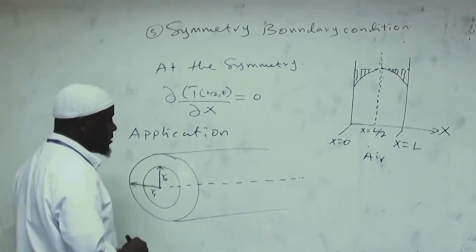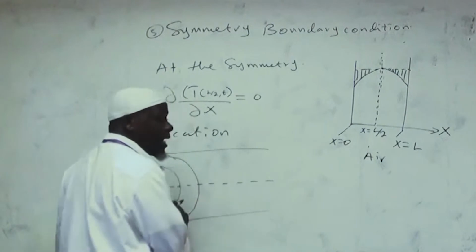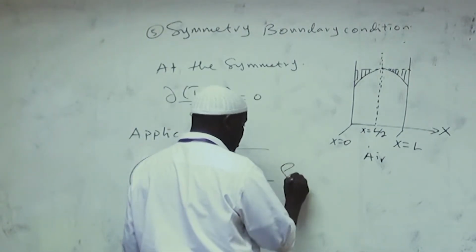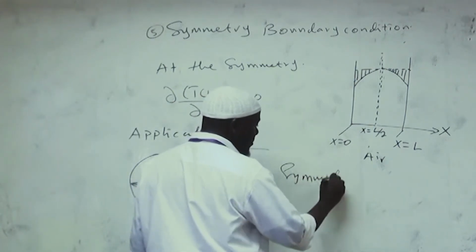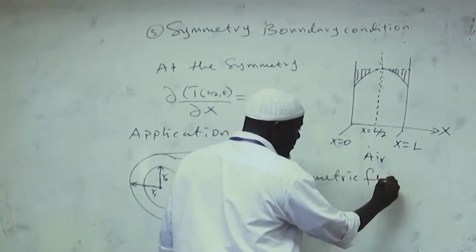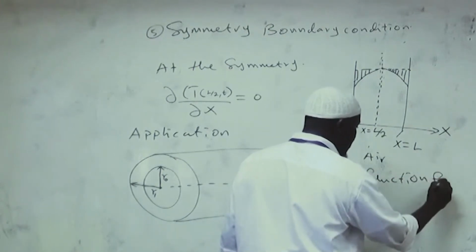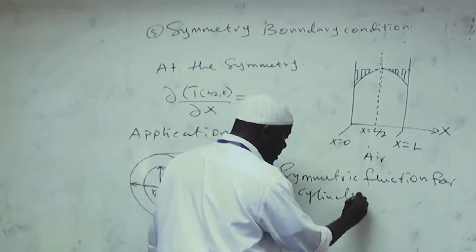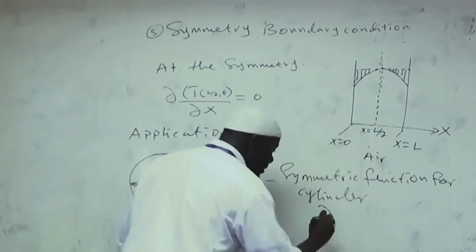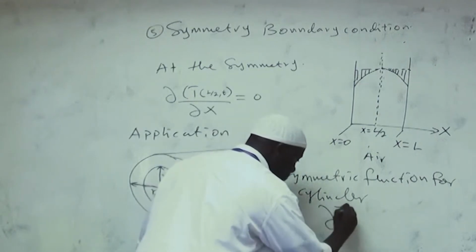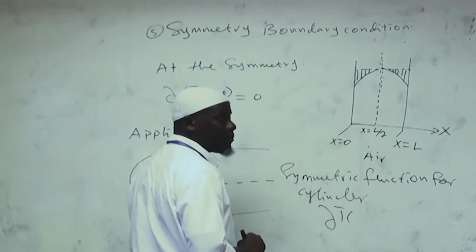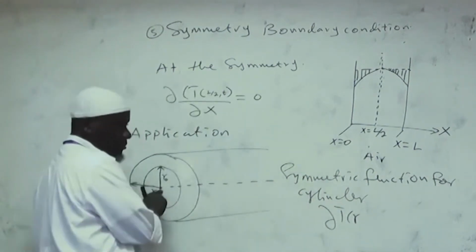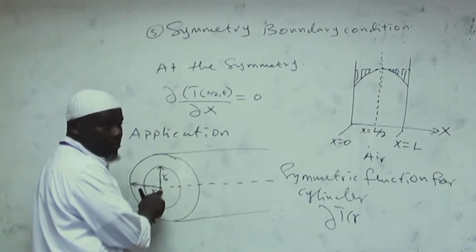So as far as symmetry for a cylinder is concerned, the symmetric function for a cylinder can be expressed as the derivative of T at R with respect to R when R equals 0.